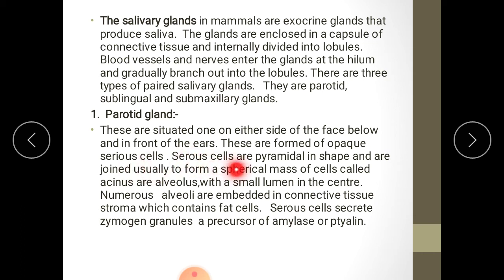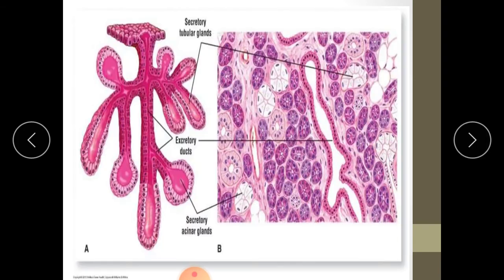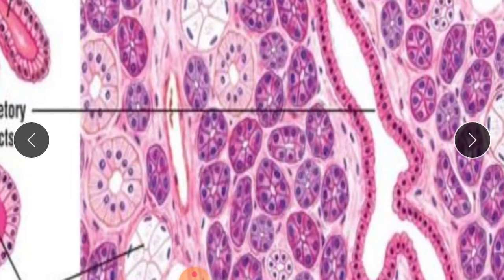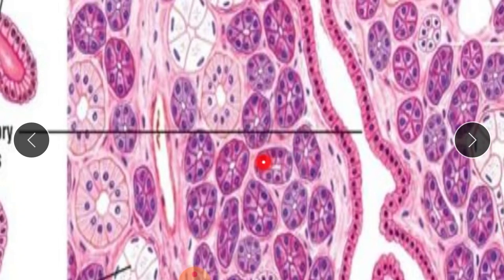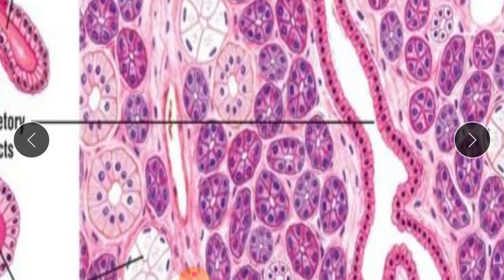Serous cells are pyramidal in shape and are usually joined to form a spherical mass of cells called acinus or acini, alveolus, with a small lumen in the center. So look here, these are acini or alveoli.